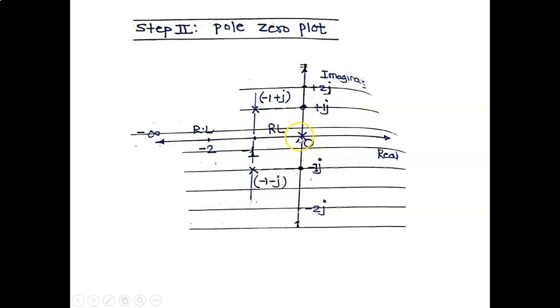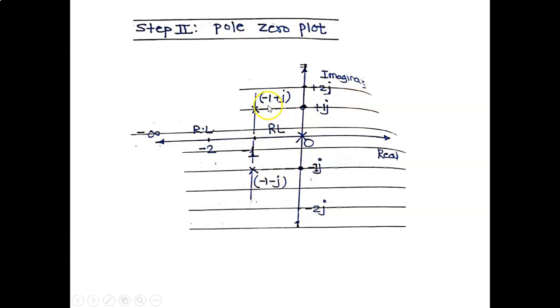Now, consider this. First of all, first pole 0. Towards right side of it, no poles and zeros are there. Therefore, towards right side of 0, no root locus region. Now, consider the second and third pole, minus 1 plus minus j. Both are collinear. Therefore, towards right side of minus 1 plus minus j, only one pole and zero, that is P plus Z is equal to 1.